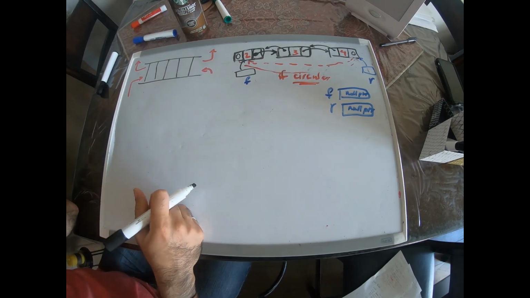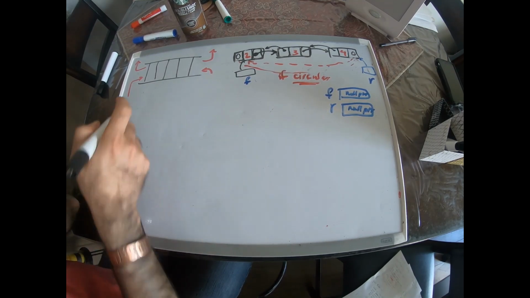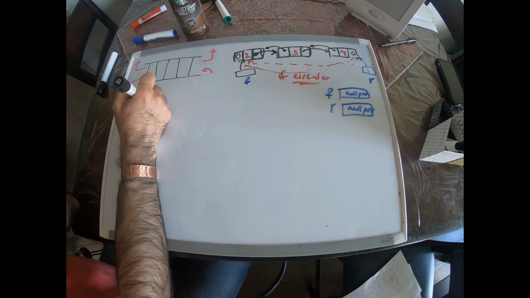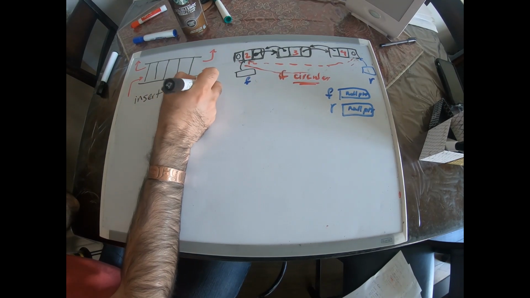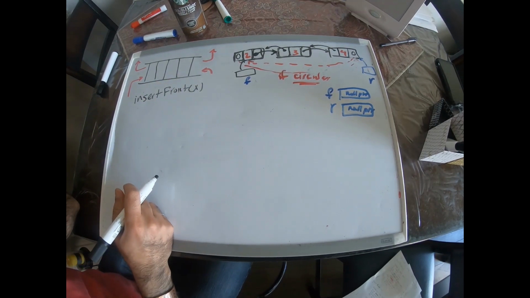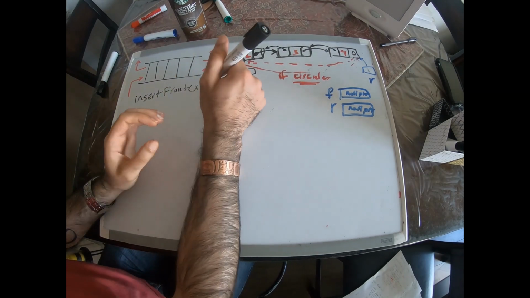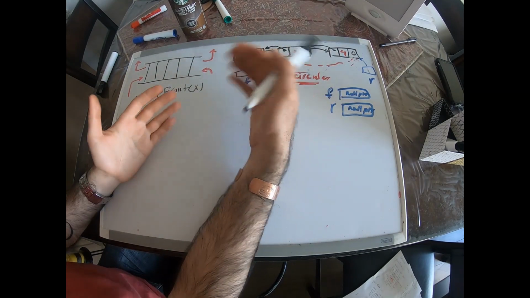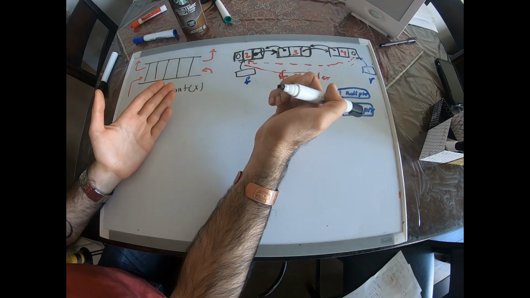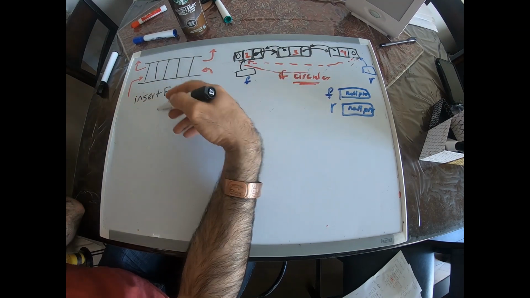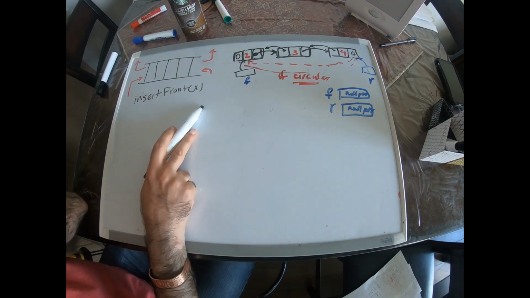And let's now see what we want to do if we want to insert from the front. First of all, you remember that in the linked list, we allocate as we need, right? We never have waste of memory. So if you want to insert a node, first you have to allocate it.